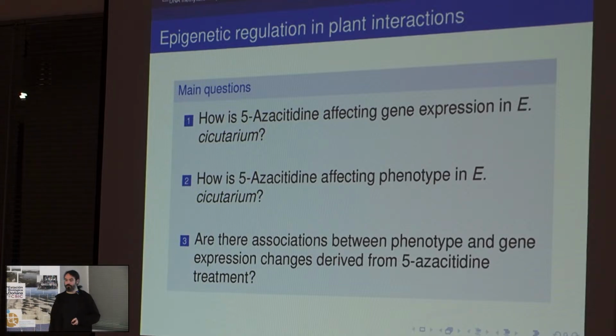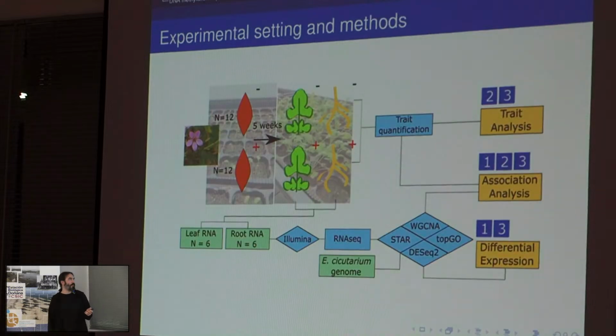So, in order to do so, from a single Erodium cicutarium parental, we got seeds that are full siblings, okay? These seeds were planted in a greenhouse. Twelve seeds were not treated with azacitidine, while another 12 were treated with azacitidine.